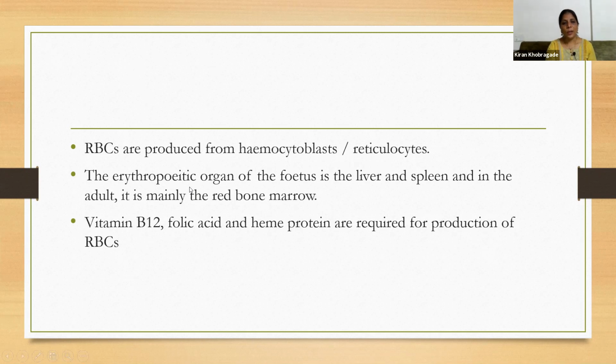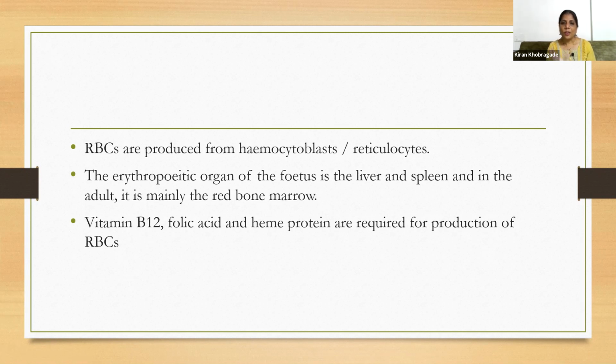The erythropoietic organ of the fetus is the liver and spleen, and in the adult it is mainly red bone marrow. What do you mean by erythropoietic organ? The site where production of RBC cells takes place. Which is the site in case of the fetus? At the very early stage, the yolk sac.